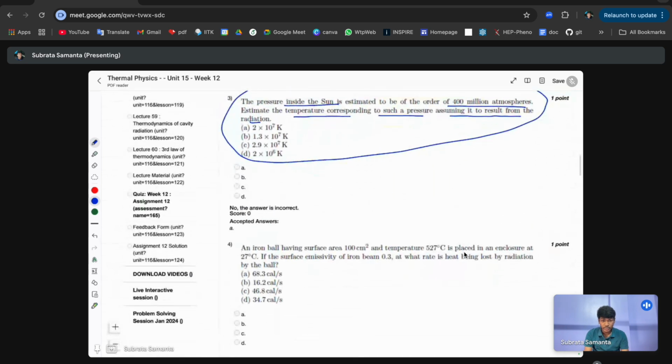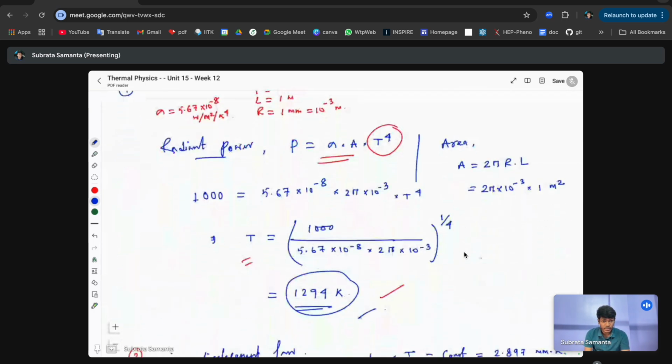This is basically how pressure is related to other variables. So you can also write the equation of state in terms of energy density.